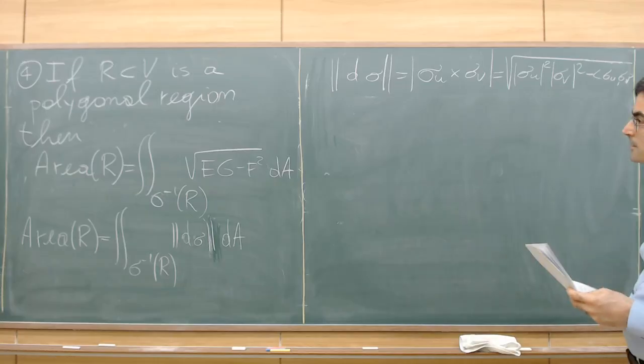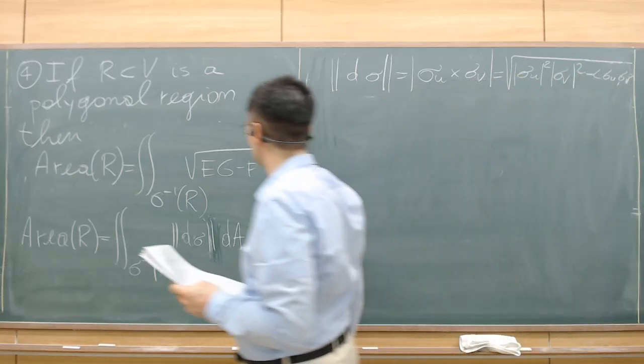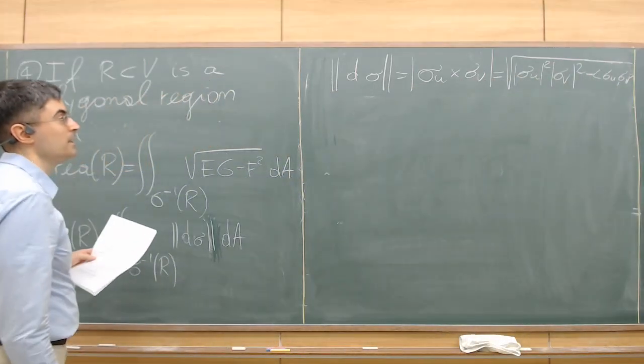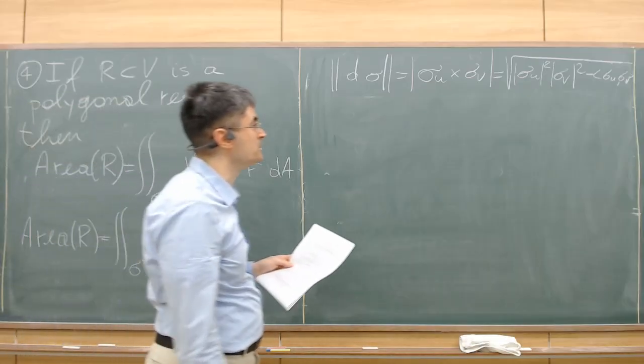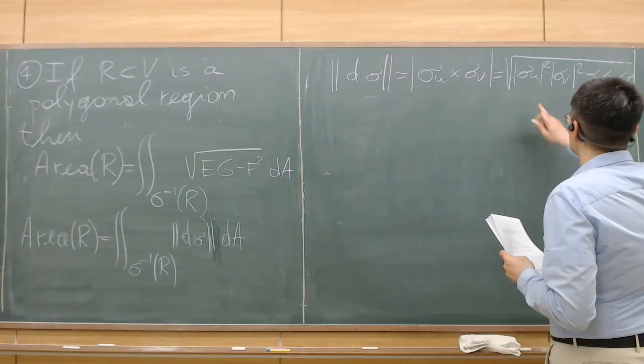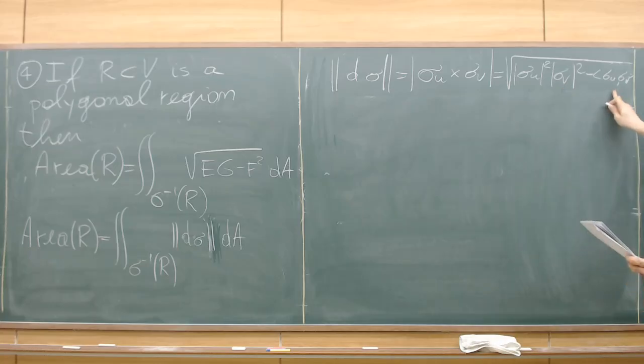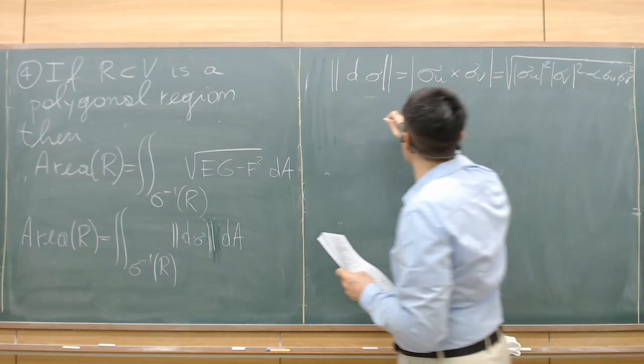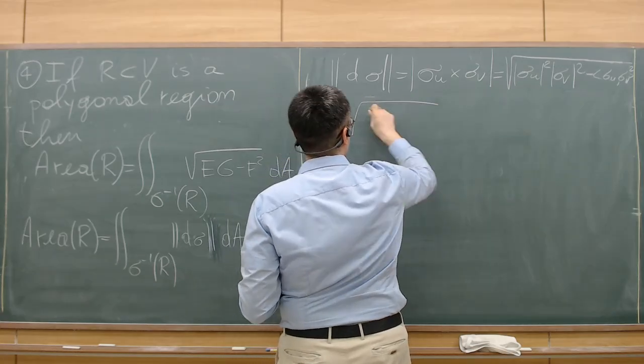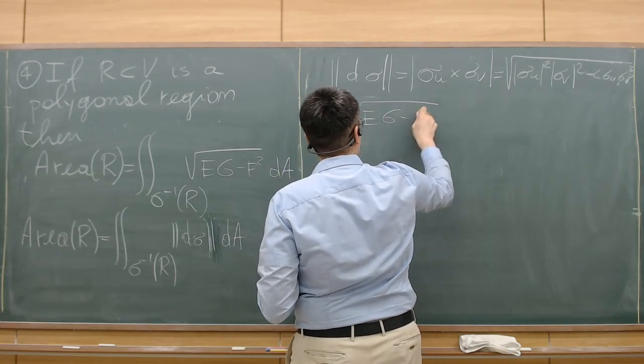But do you remember the definition of E, G, and F? E is exactly this function, G is exactly this function, and this is exactly F. I forgot a square here, sorry. So this is the square root of E G minus F squared.